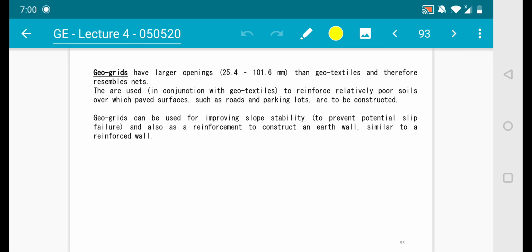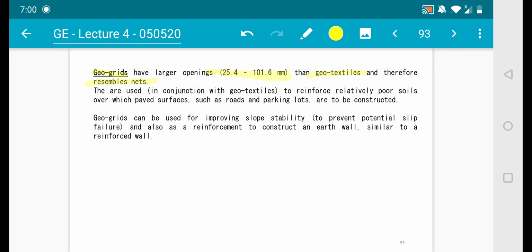Now let's look at geogrid. They have larger openings. So these are the sizes, larger than the geotextile, and therefore they resemble nets. It's like fishing nets. They are used to reinforce relatively poor soils over which paved surfaces such as roads and parking lots are to be constructed.